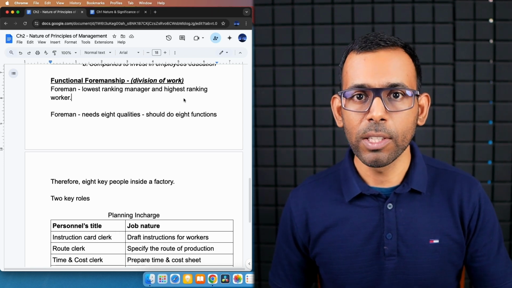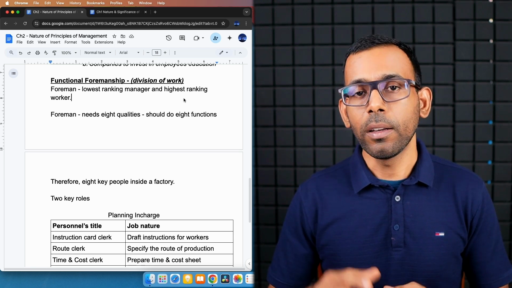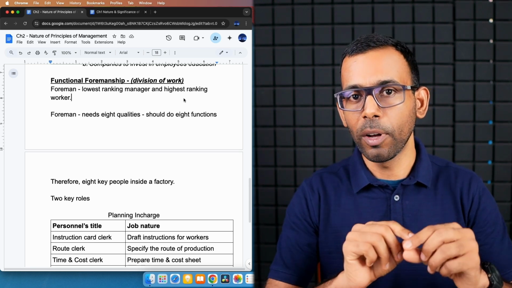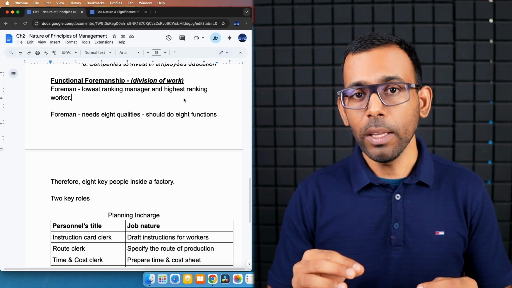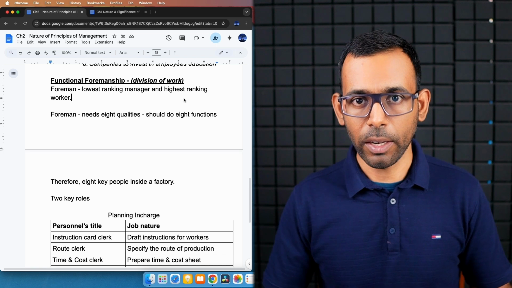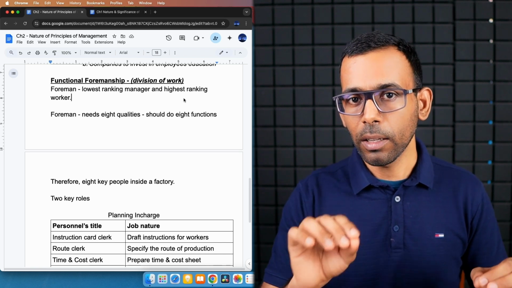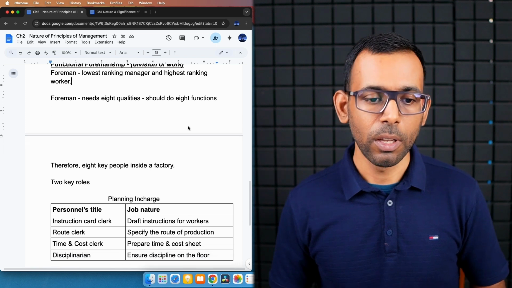But because of this concept of division of work, Taylor could not entrust one person to perform all these 8 functions. So he decided that there should be 8 key people inside every factory to perform these 8 key functions. Now let us see what are all those 8 key functions.